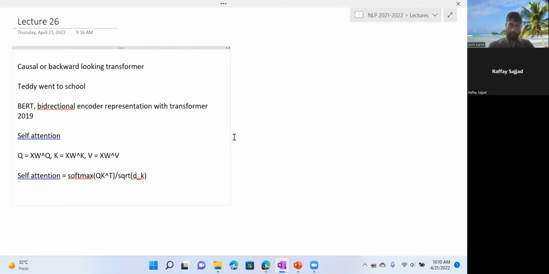The only difference that we will have is, if you remember this matrix that we computed, let's say I call this matrix A. A is a matrix of size T by T, where T is the sequence length. Previously we had masked the upper triangle of this matrix.